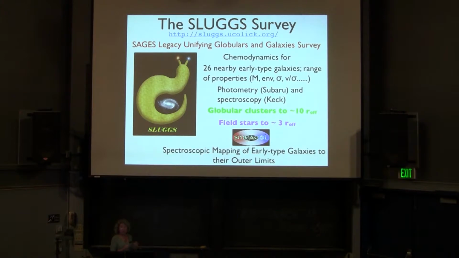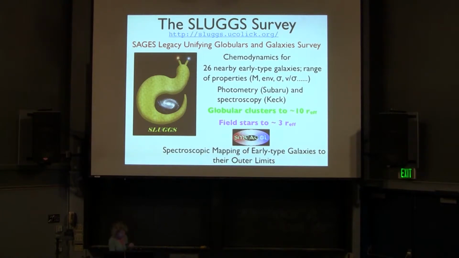where we've got 26 galaxies where we look at their globular cluster systems out to 10 effective radii and their field starlight out to 3 effective radii, so a range of properties, characteristics and environments.